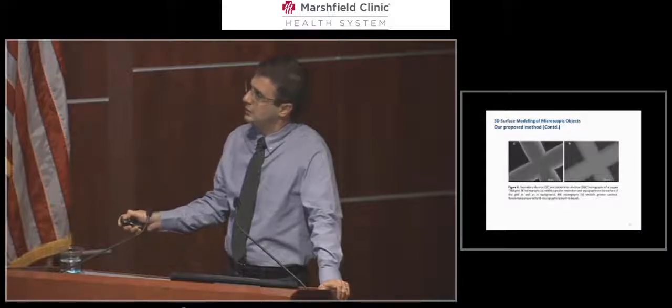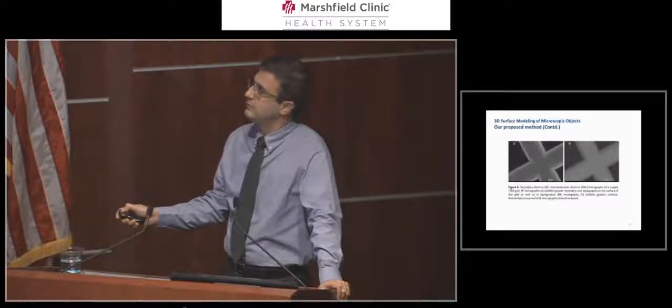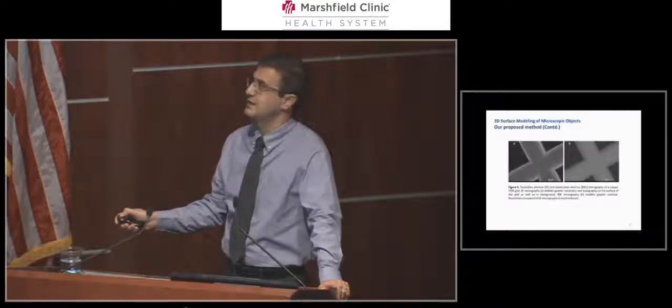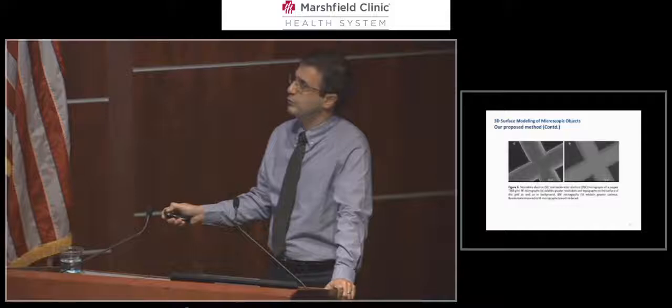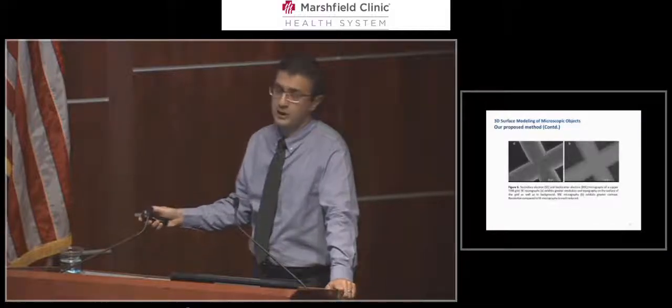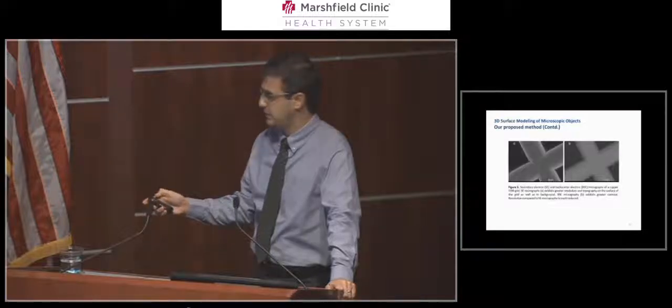Based on our study and previous experience, we use the SE detector in this study because it is able to provide high resolution images, which is more appropriate for 3D surface reconstruction.